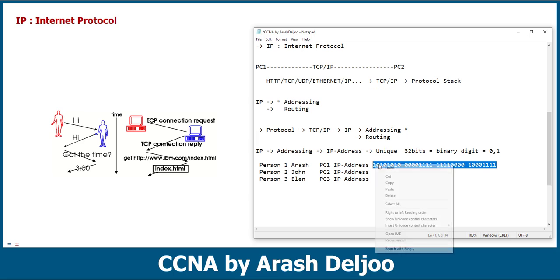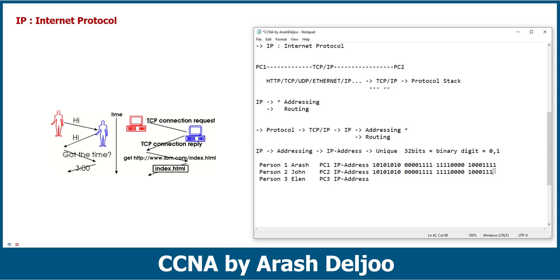Assume that for PC2, I'm using this IP address. Only the last bit is changed to 0. And for PC3, I'm using this IP address. As you can see here, we have three addresses for the PCs, and these addresses are not the same as each other. This means that all three addresses are unique. This is the same criterion that we need, the uniqueness of the IP address.